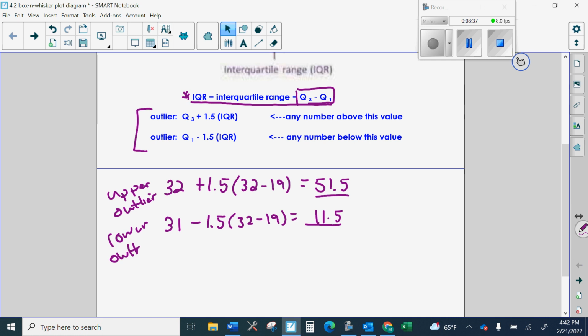And on your assignment, it actually asks you to find those boundary points. So I just did an example of doing that right there. Anything below 11.5 or above 51.5 would be outliers, but in our data set there were no numbers that satisfy that, and that's why we didn't see any individual points for outliers when we chose the outlier box and whisker points data plot. All right, that'll do it in 9 minutes.